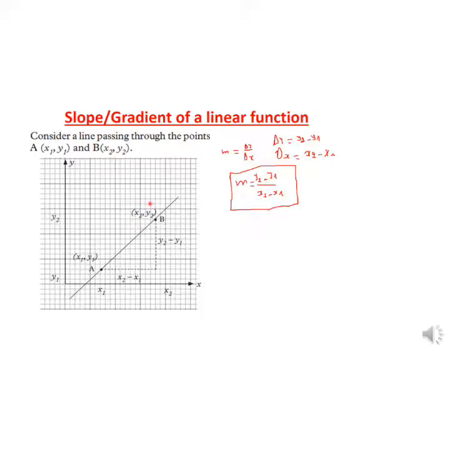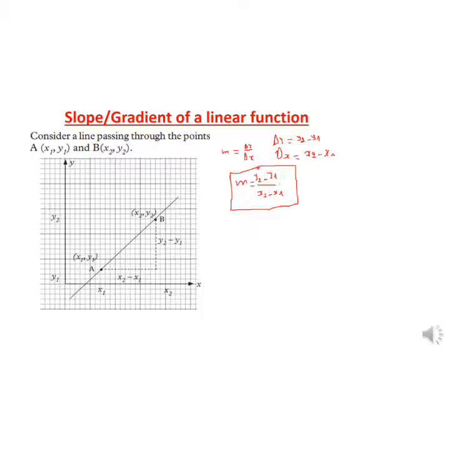Now, this is something you have to know here. You have to know the formula used to calculate the slope between two points, where we get y2 minus y1 over x2 minus x1.